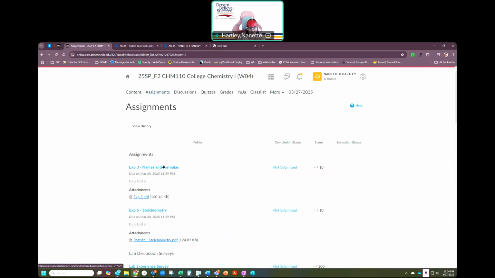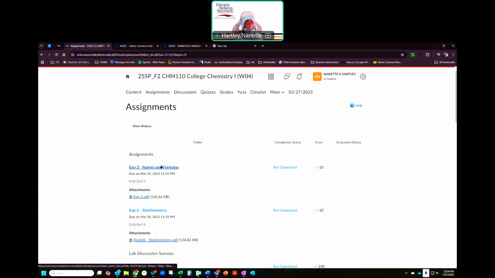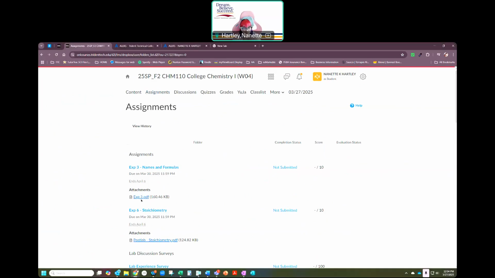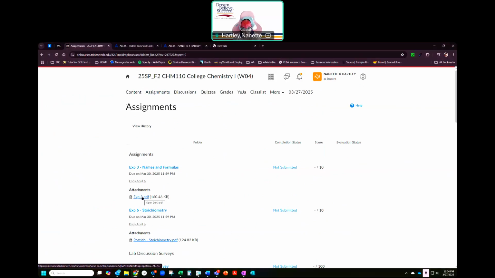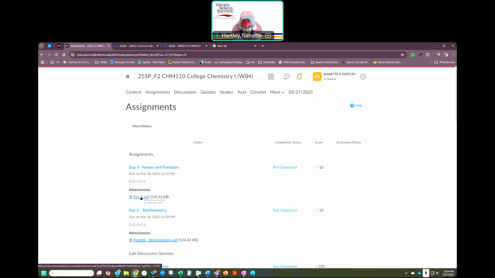So again, if I go into the assignments and I say, okay, names and formulas, what you'll see is there's an attachment for both of these. That attachment is what you need to do for both of them. So experiment 3, which is the names and formulas, you'll need to download this and fill it out. And then for the post lab for stoichiometry, you'll need to download this and fill it out.